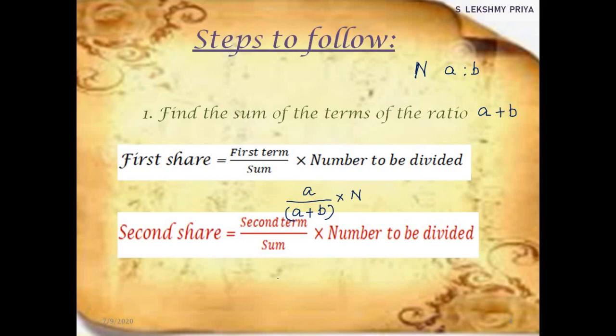The second share is the second term by the sum, times the number to be divided. So what is the second term here? B is the second term, the sum is A plus B, and the number to be divided is capital N.